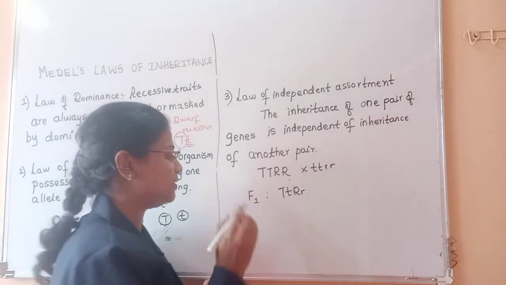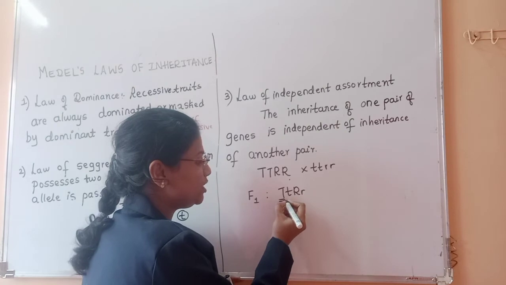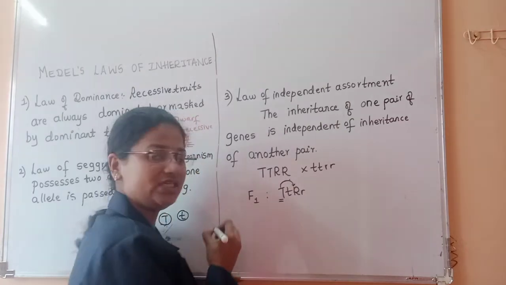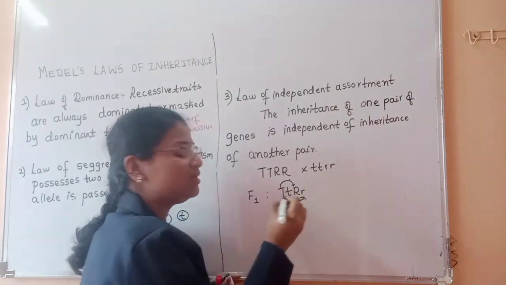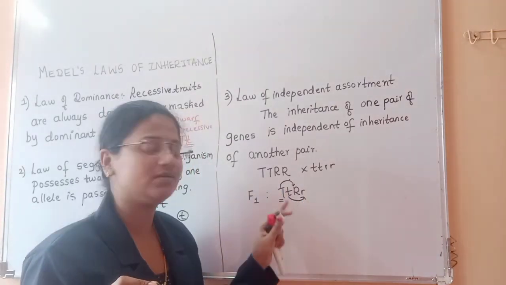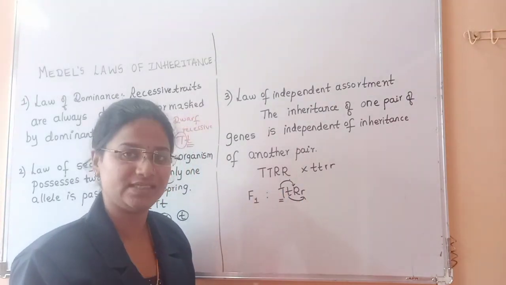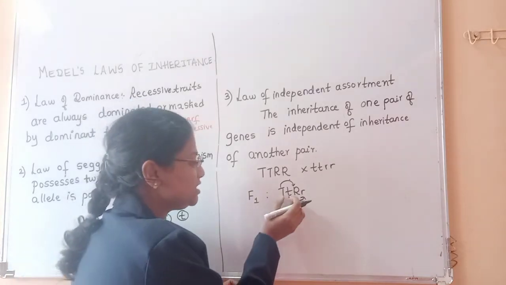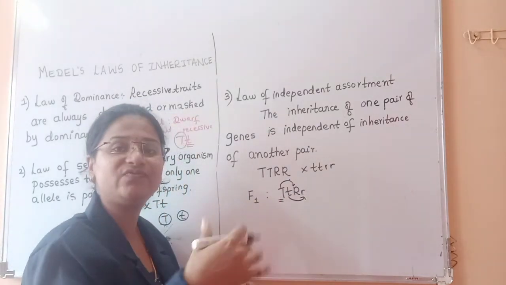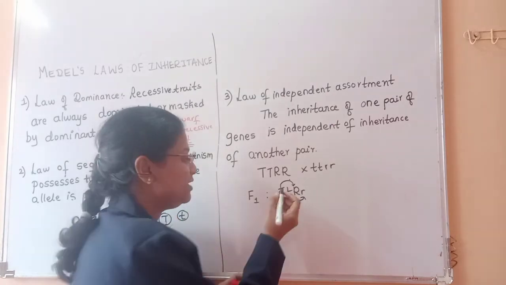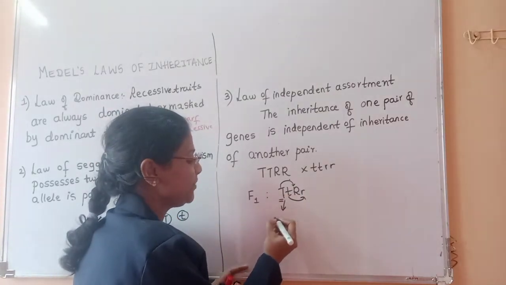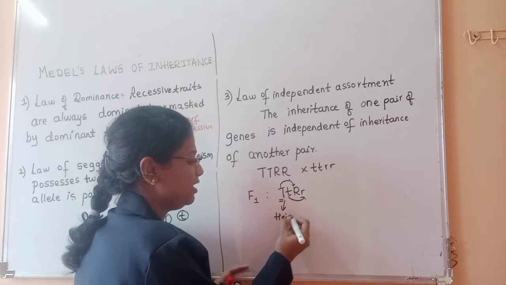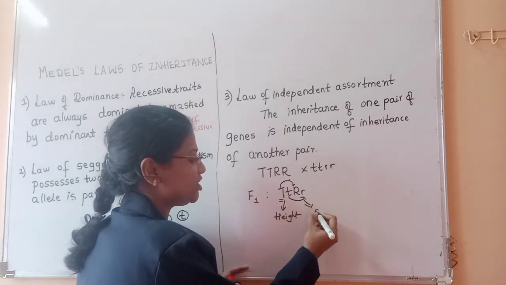So here it is not that due to the tall plant we got the round seeds, or due to the dwarf character we got the wrinkled seeds. It is not like that. Each gene will express differently, independently. The genes of different characteristics, this one is regarding the height of a plant, this one is related to the shape of a seed.